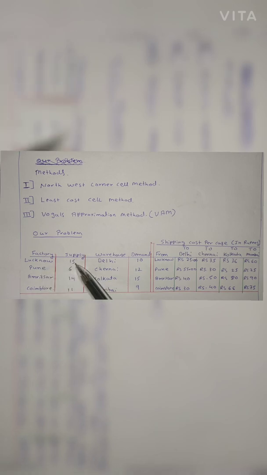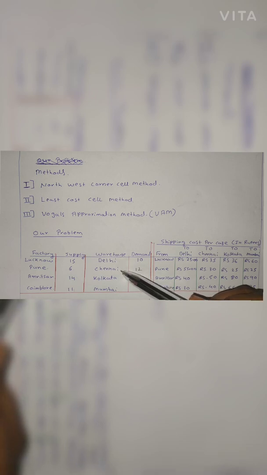These are your supply, 15 units, 6 units, 14 units, and 11 units that you are supplying from your factories. From Lucknow you are supplying 15 units of your product, from Pune 6 units, Amritsar 14 units, and Coimbatore 11 units.